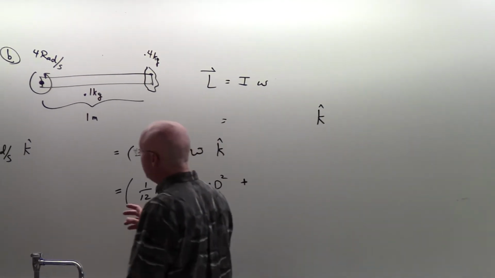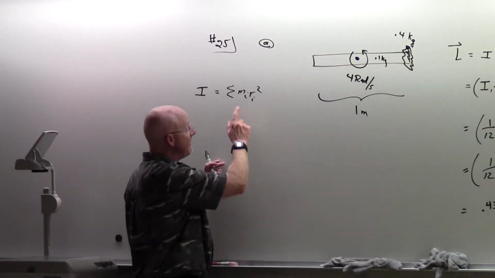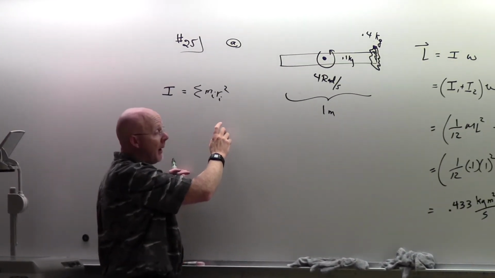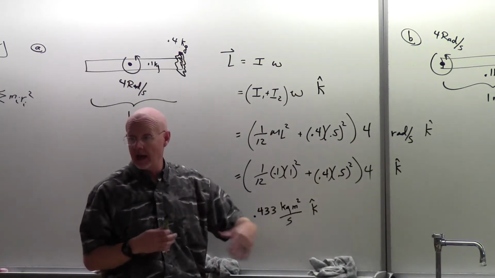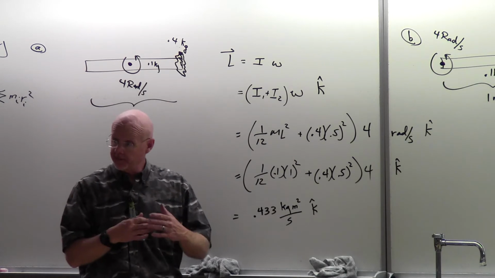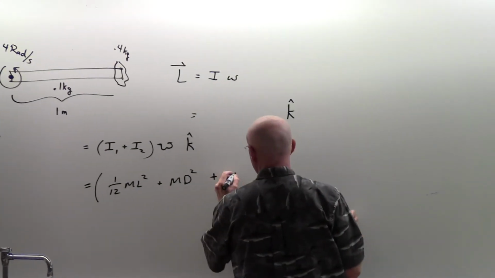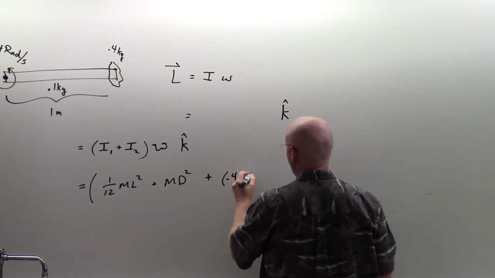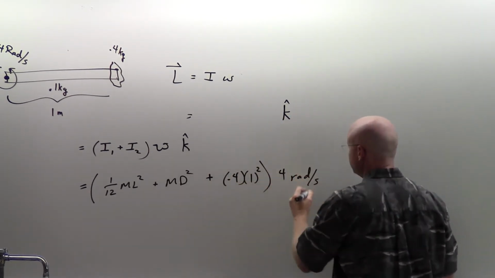Now, the blob is, as we said over here, probably the easy one to do because it is just some mass at some distance. But that distance is definitely different this time. It's not a half a meter, it's a full meter away. And so the 0.4 is now 1 meter away.